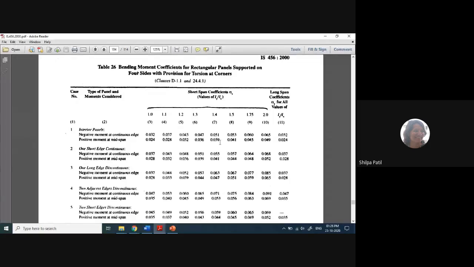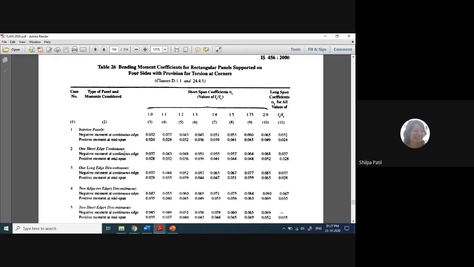Again we have to calculate the span moment and support moment separately, and by making use of the same formula, Mx equal to alpha x w lx square, or along y direction My equal to alpha y w lx square. Okay, alpha x and alpha y values for the corresponding moments, that is either support moment or mid-span moment, you have to collect from this table.